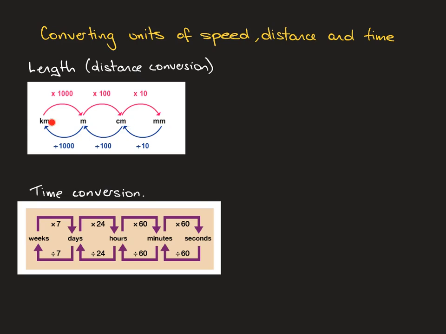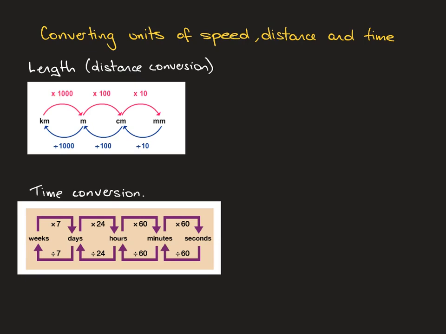To go from kilometres to metres, we have to follow this arrow, because this is the only arrow that goes out from kilometres towards metres. As you travel along that arrow, you multiply by 1,000.